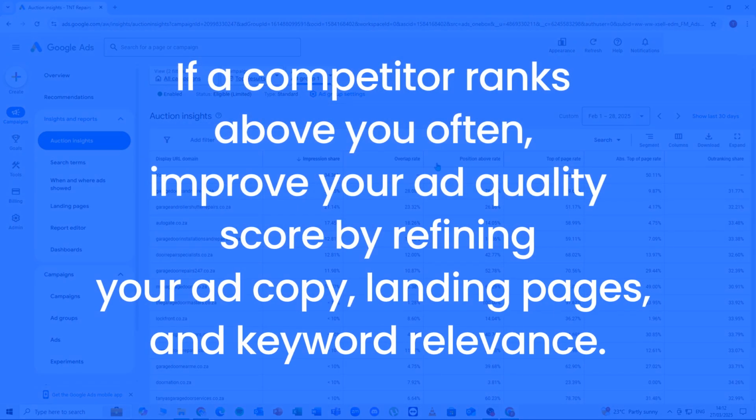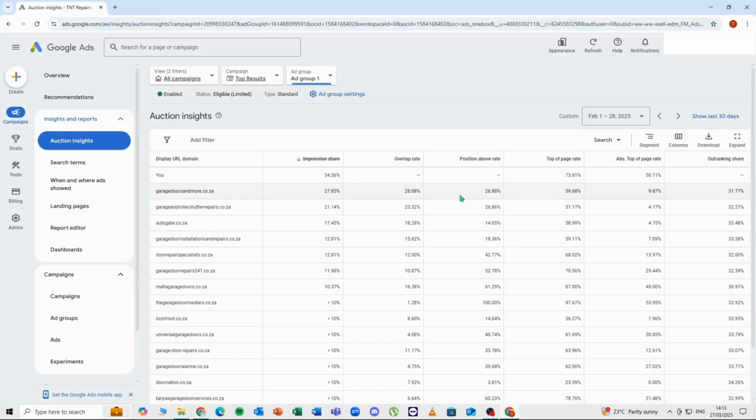Okay, so what do you do if your competitor is positioning or ranking above you more often than you'd like them to? This is where you need to go and look at your actual ad quality, the score of your ad quality. You need to refine your landing page, and go through your keyword relevance with a fine-tooth comb.